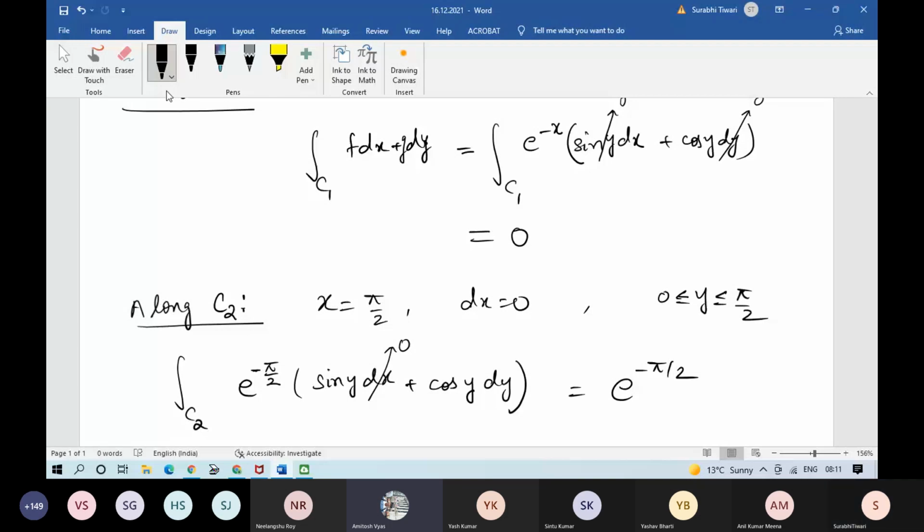Yes, ma'am. Now, calculate along C3 in the same way.